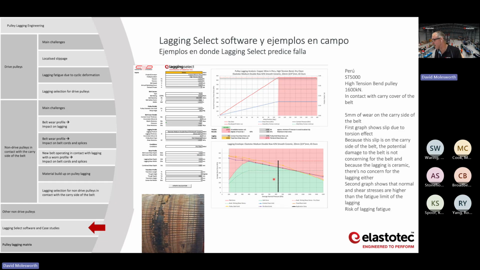And you can see here, this is the operational line for this pulley, and you can see it's exceeding the tread root shear stress, and it's exceeding the pulley shell shear stress as well. So what Lagging Select is telling us is that basically once you've got 5 mil of belt wear, you are going to see substantial damage to the lagging.